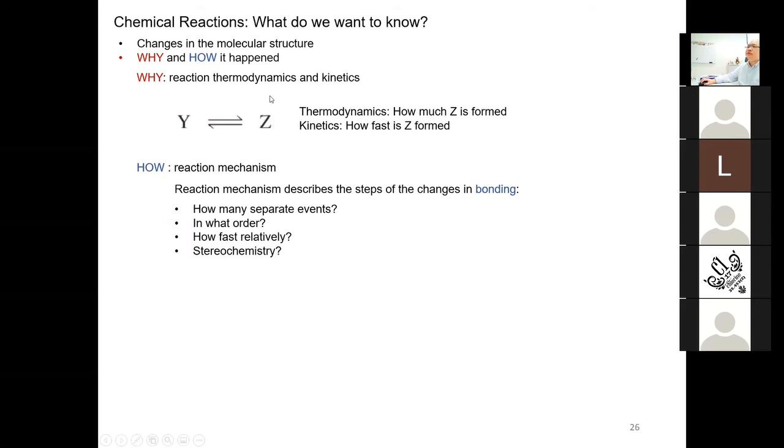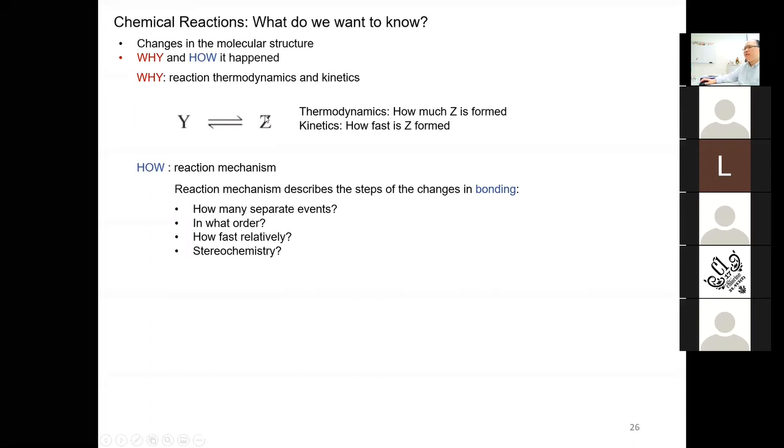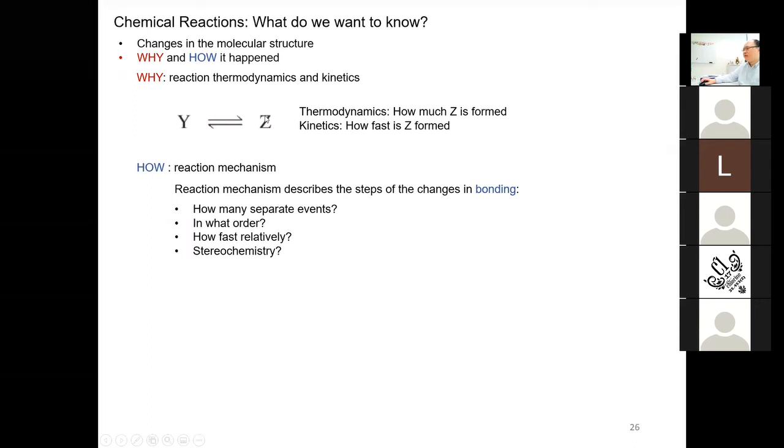What's the ratio of Z divided by Y? For kinetics, we focus on different aspects of the reaction. We know how much Z is formed, but does it need 100 years or 5 seconds? That's the kinetics: how fast is the reaction.